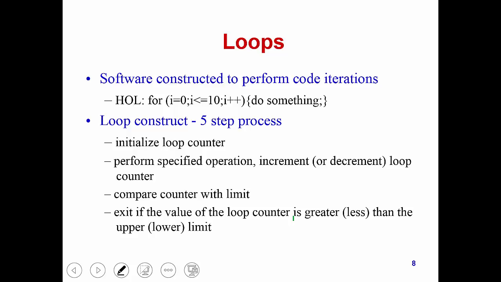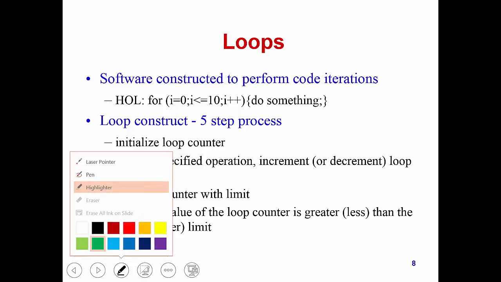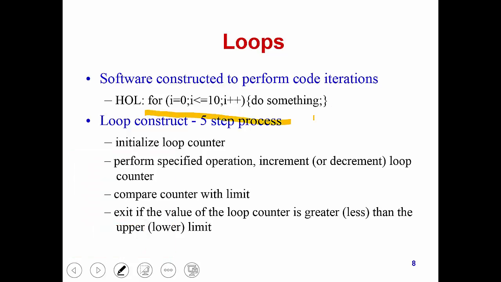If you took C or C++, I assume you already have a good understanding of loops. So here I show what the main idea of loops is in a high-level language. For I equals 0, I less than or equal to 10, I plus plus, do something.